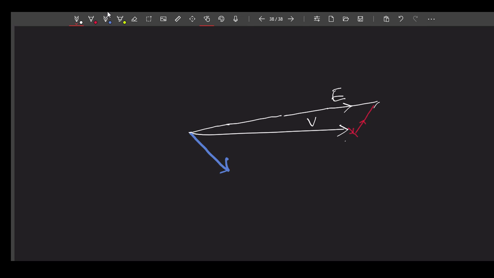Drawing this doesn't require our knowledge of xd and xq, right?